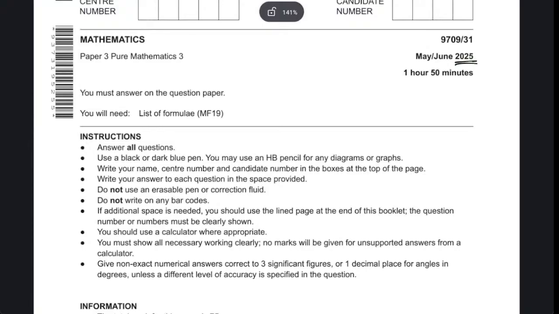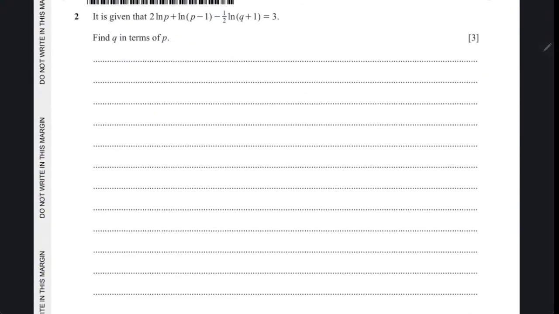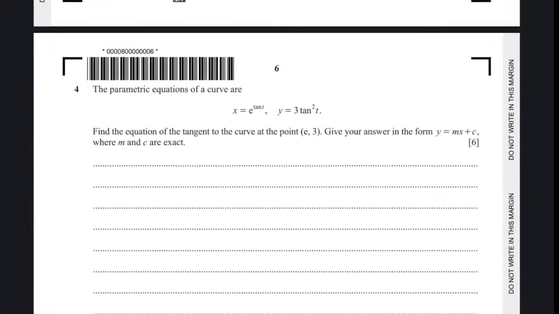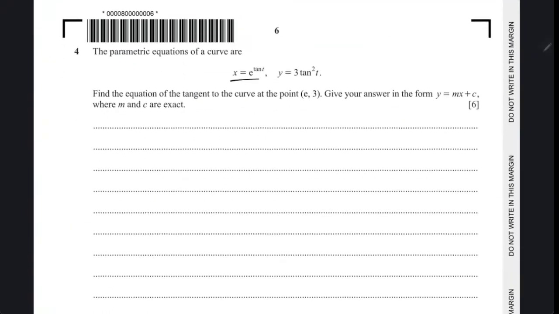May, June 2025, last year. Paper 3-1, the very first one. Look at this. Okay, these are parametric. We'll talk about them tomorrow, how you differentiate parametric. But even though they are parametric, you see that these are composite.